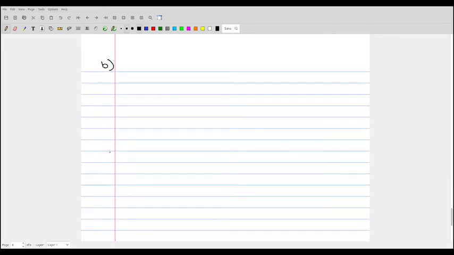You could say, suppose x plus y equals t, where t is a new production quota.